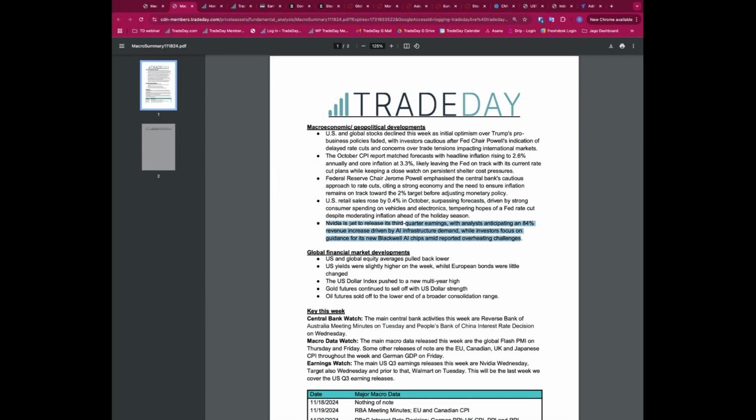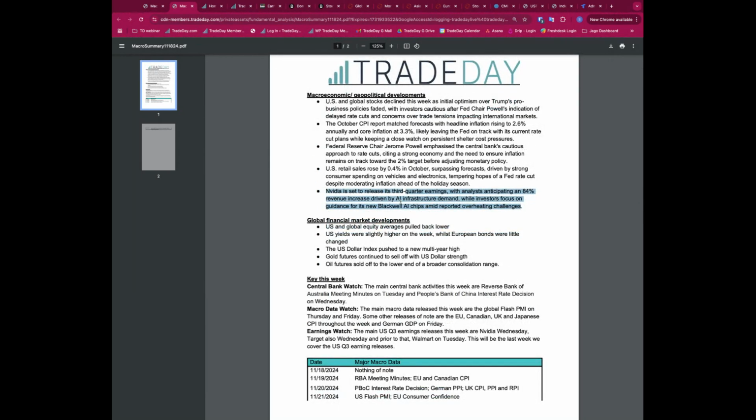The big focus going into this week, and we'll run through the calendar shortly, is going to be on NVIDIA. NVIDIA is always much delayed compared to most of the major earnings reports, which we had back in late October, early November.